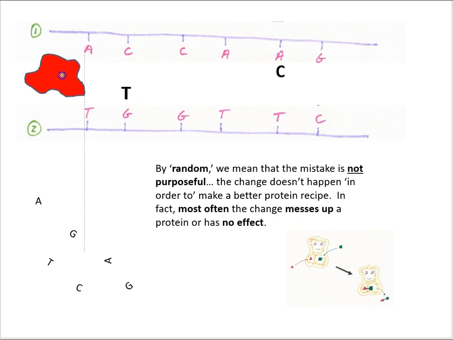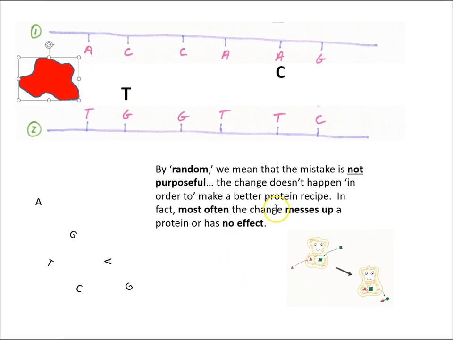Now, we do want to say that DNA polymerase has a kind of purpose or function or job. Its job is to duplicate DNA. But by random, what we mean is that when the DNA polymerase makes a mistake, the protein itself is not trying to make a certain kind of mistake for the benefit of the cell. That's what we mean by these random errors.